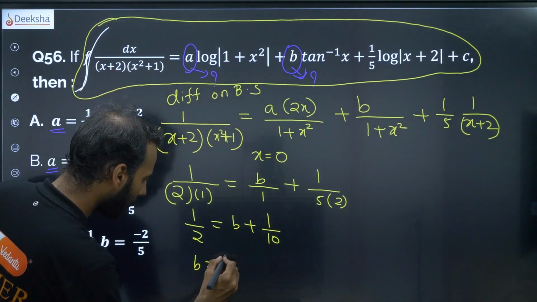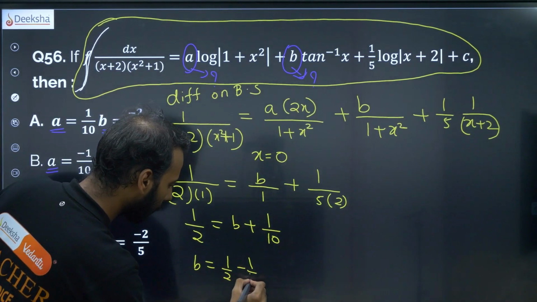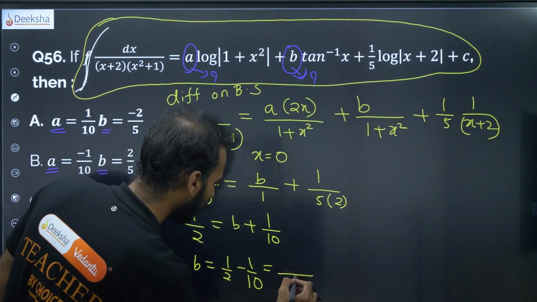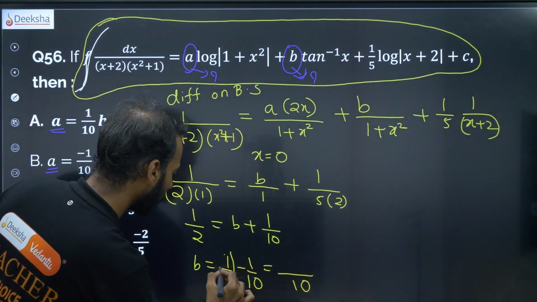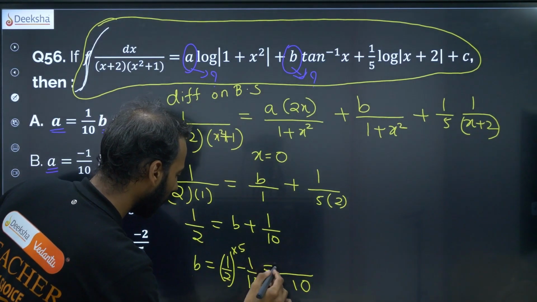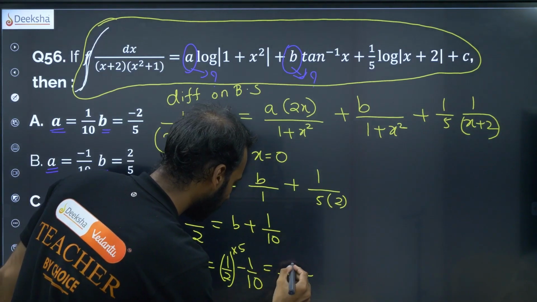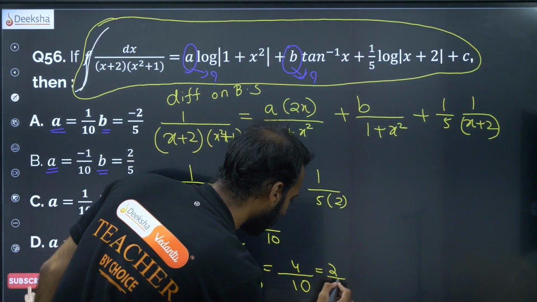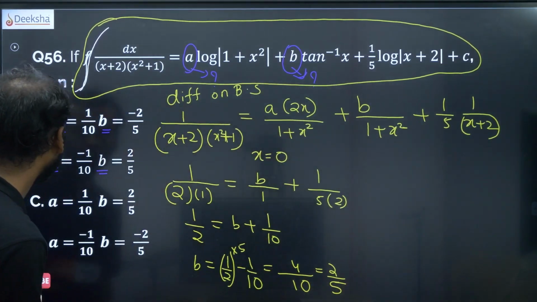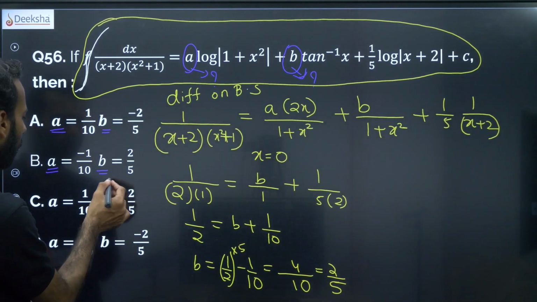So B is 1 by 2 minus 1 by 10. The LCM is 10, so we multiply by 5: 5 minus 1 is 4 by 10, which is 2 by 5. So any option with 2 by 5, B is equal to 2 by 5.